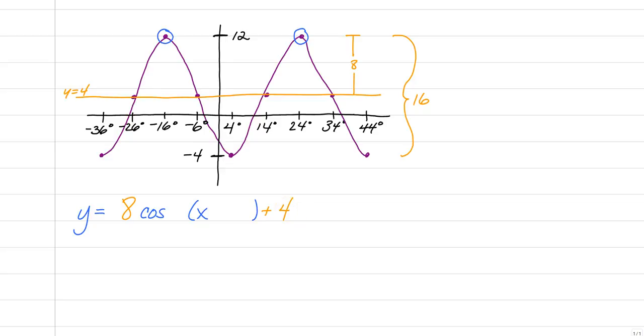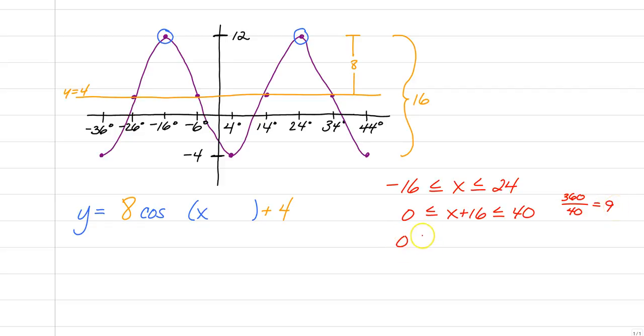So there we go. Now, as I've mentioned, we have a start and a stop. We're at negative 16 is less than or equal to x, which is less than or equal to 24. Now, I'm going to add 16 to both sides. 0 is less than or equal to x plus 16, which is less than or equal to 40. Now remember, that's our period. So to find our b value, it's 360 divided by our period of 40, which is going to give us a b value of 9.